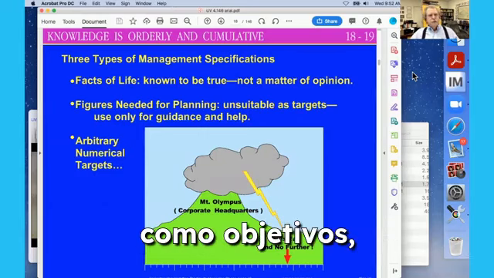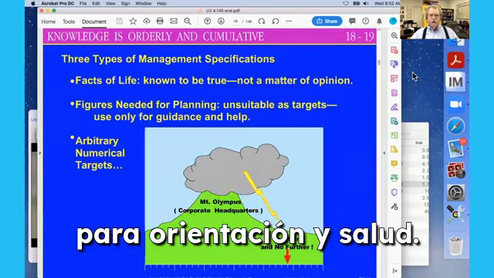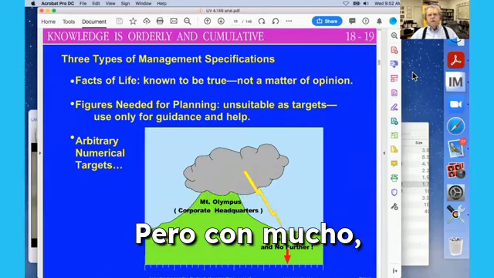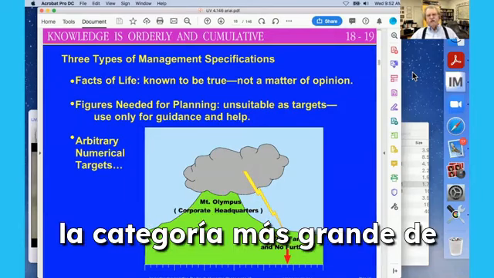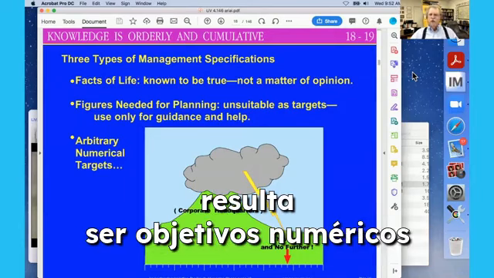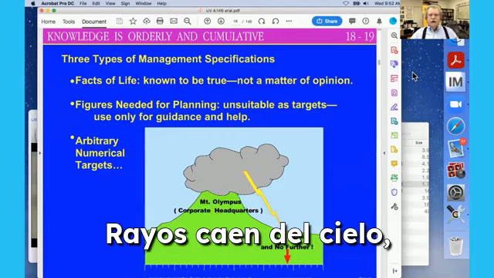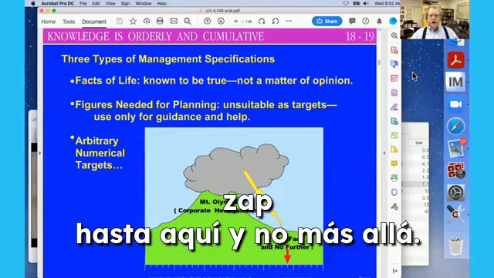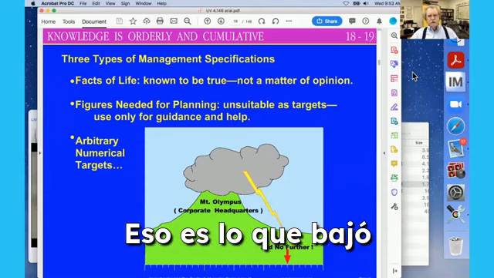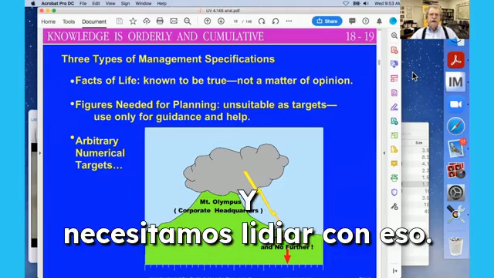These are unsuitable as targets. They really should be used only for guidance and help. But by far the biggest category of management specifications turns out to be arbitrary numerical targets. Lightning strikes from the sky, zap, this far and no further. That's what came down from Mount Olympus, and we need to deal with that.